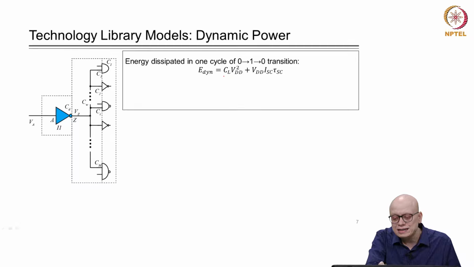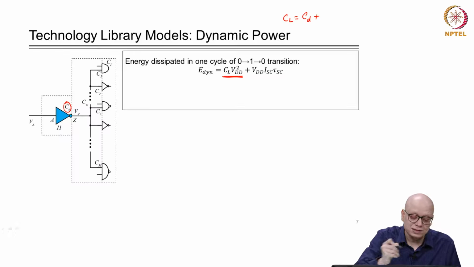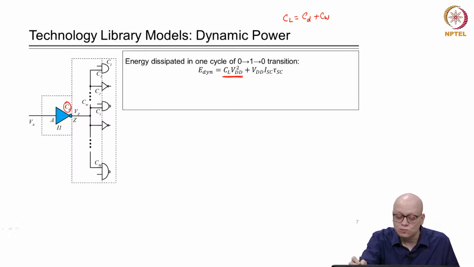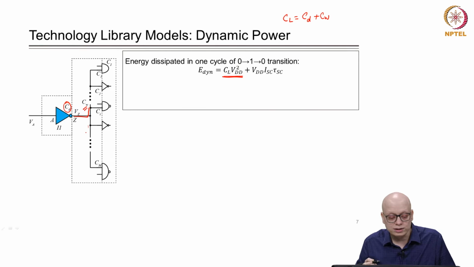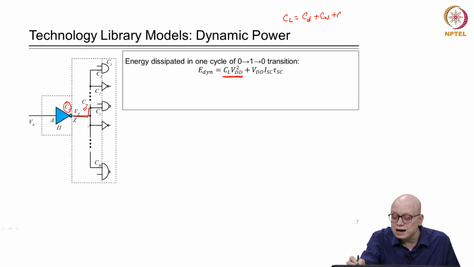That was CL into VDD square, where CL we had defined as CD, that is the drain diffusion capacitance, plus CW, that is the wire capacitance related to the wires or interconnects, plus Ci, which is the combined effect of all the pin loads.